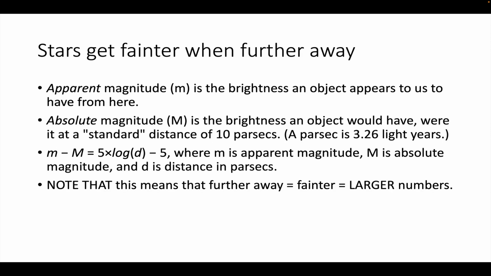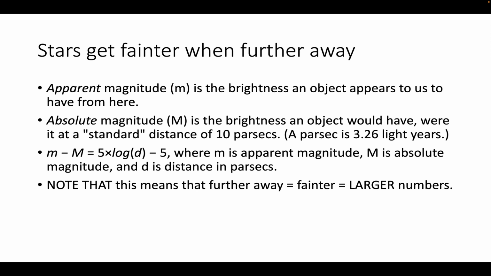So remember, of course, stars are going to get fainter when you move them further away. So apparent magnitude is the brightness an object appears to us to have from our position here on Earth, given the actual physical location of the star. Absolute magnitude is the brightness an object would have if we could move it to a quote-unquote standard distance of 10 parsecs.